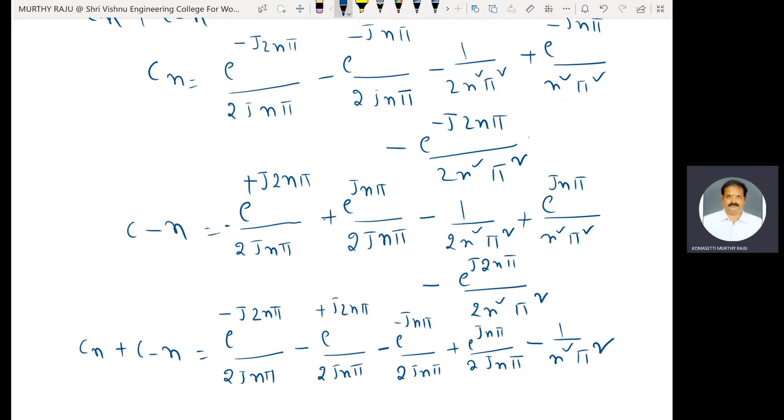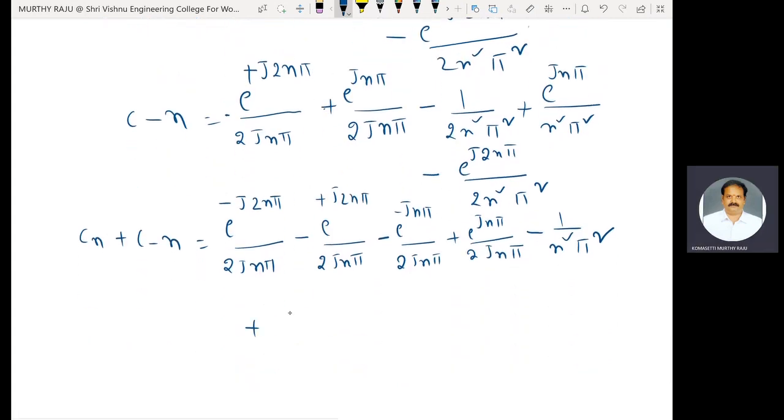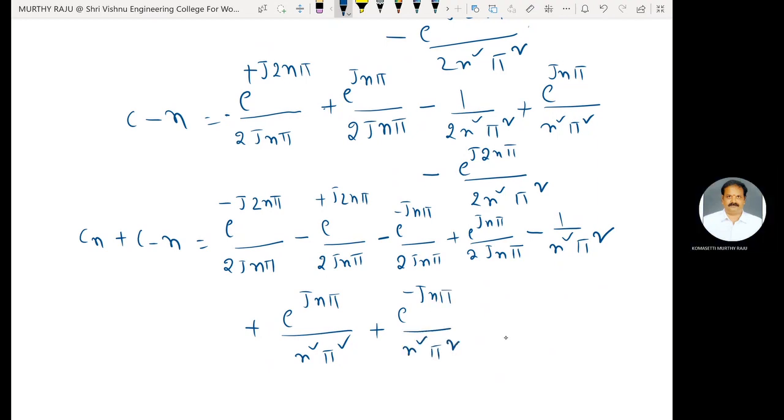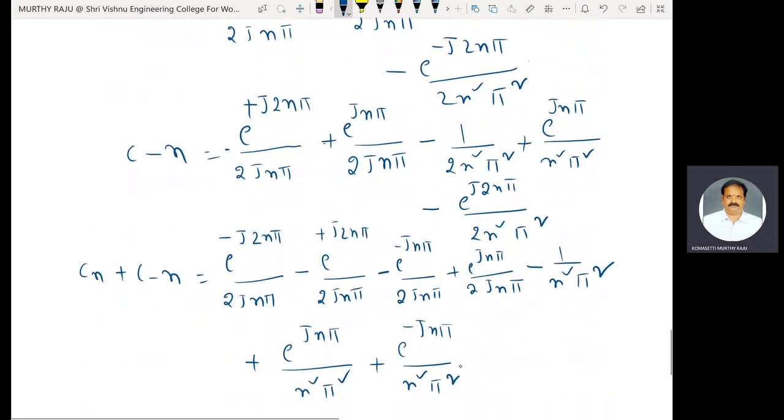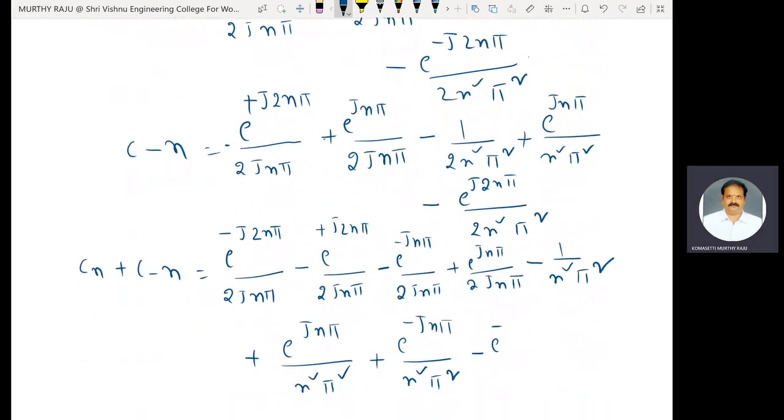Here e^(-jnπ) by n²π² plus e^(jnπ) by n²π², plus e^(jnπ) by n²π² plus e^(-jnπ) by n²π². Here minus e^(-j2nπ) by 2n²π².